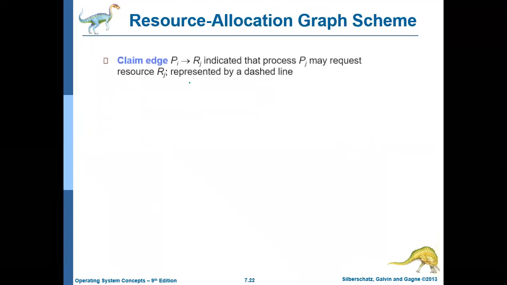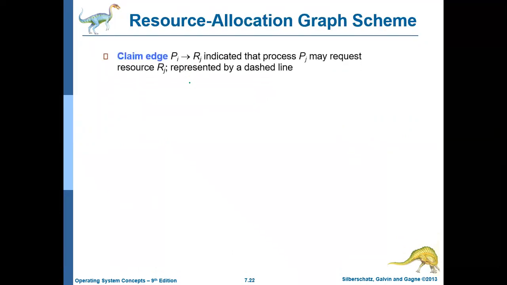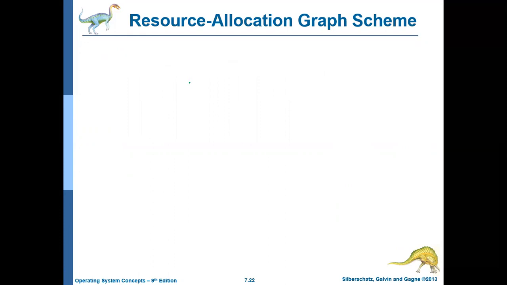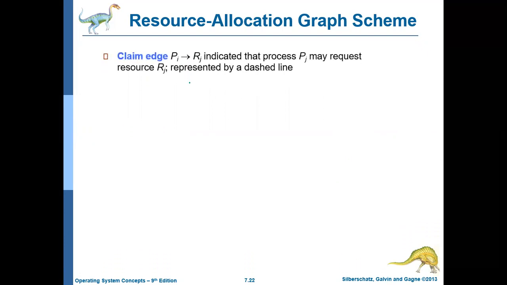Using the resource allocation graph, we have already discussed the resource allocation graph. But in this context, in deadlock avoidance, we are introducing a new edge here, and this edge is called a claim edge.